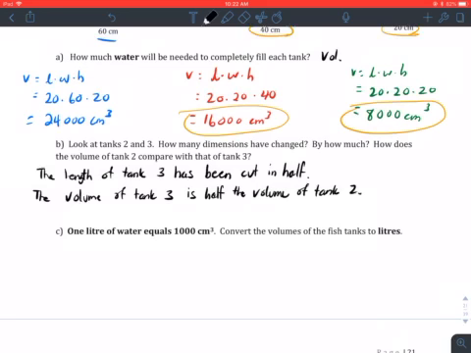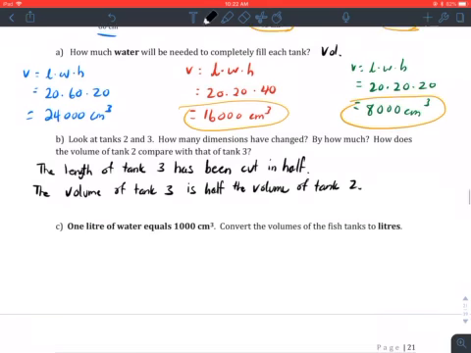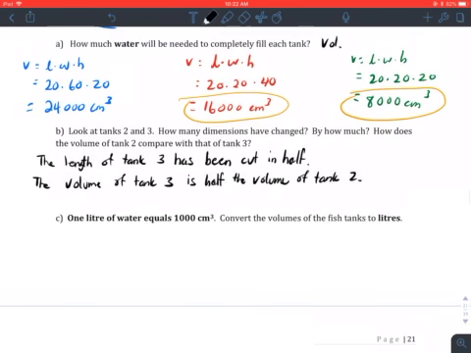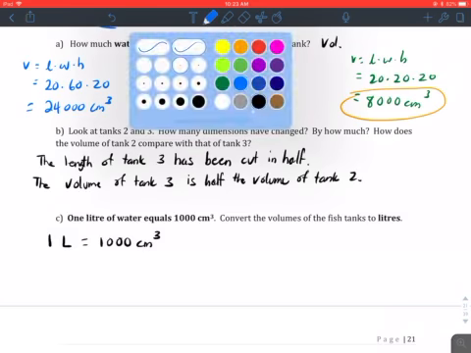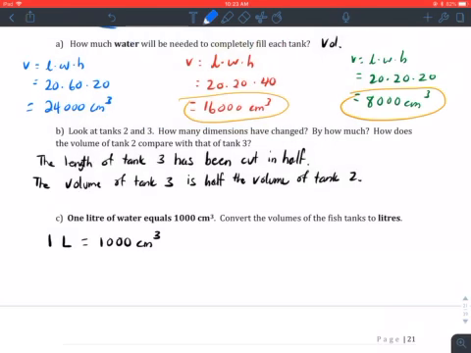All right, part C, 1 liter of water equals 1,000 centimeters cubed, and we're going to convert the volumes of the fish tanks into liters. So this is where we talk about our proportions, like we talked about a couple weeks ago. I know that 1 liter is equal to 1,000 centimeters cubed. Now we'll grab our blue pen because that's what we said tank 1 was.